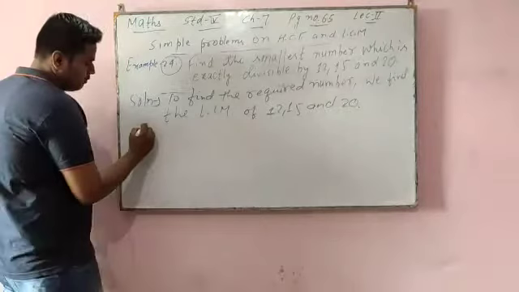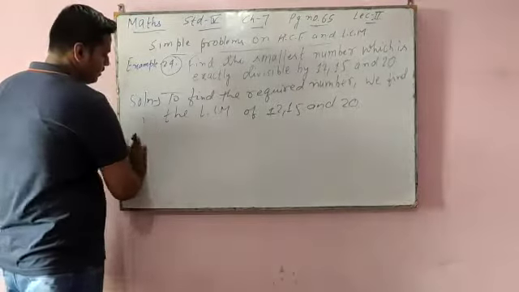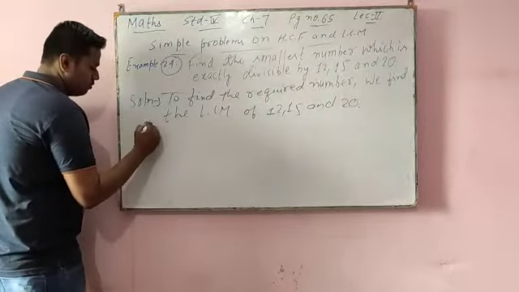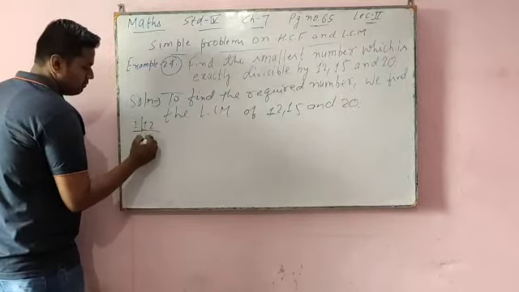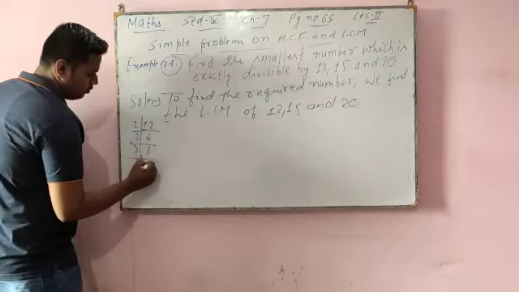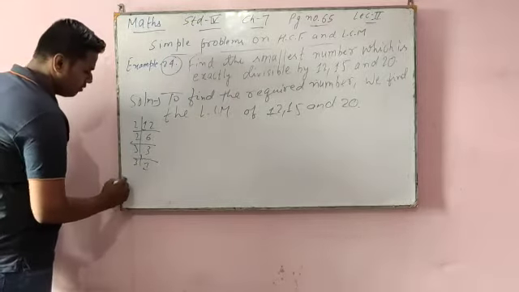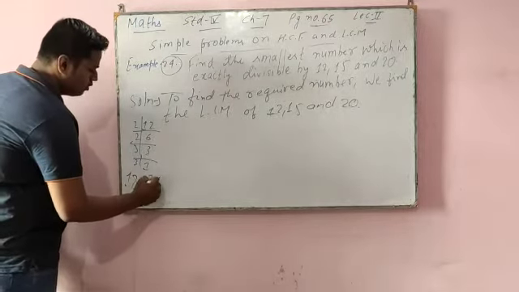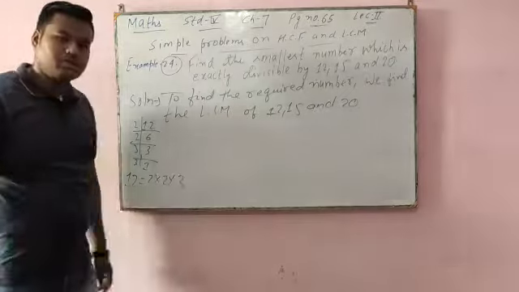First take out the LCM of 12, by prime factorization. So 12: 2 times 6, 2 times 3, 3 times 1. So prime factorization of 12 is 2 into 2 into 3.